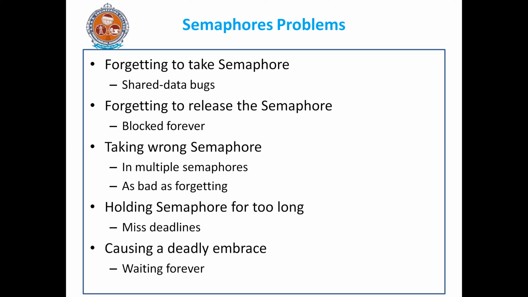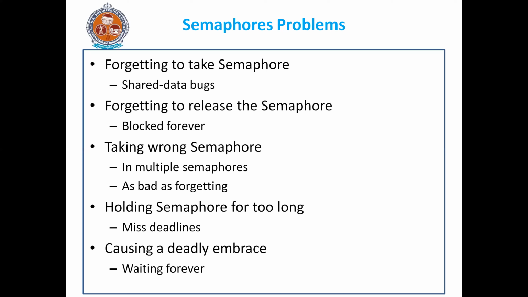Whatever task is waiting for this particular semaphore will be blocked forever, because the semaphore stays with the other task only. This task cannot get the semaphore, so your task will be blocked forever.